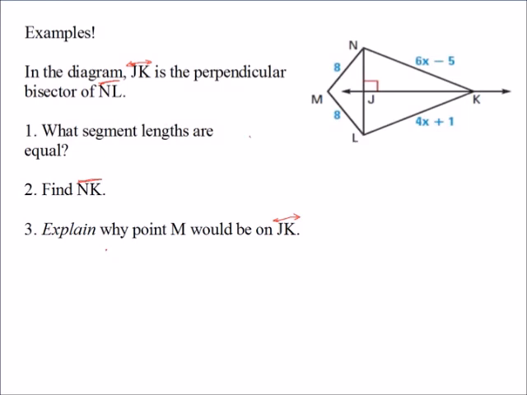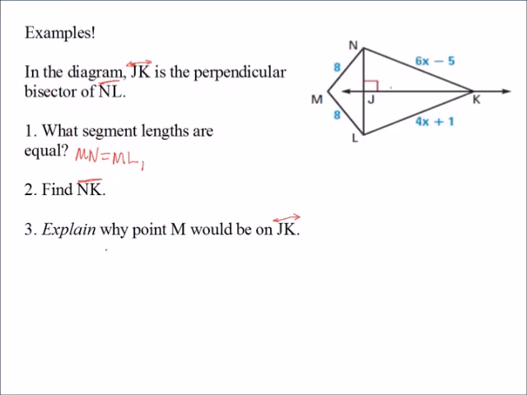What segment lengths are equal in this diagram? Well, first and foremost, you know that MN and ML are the same because they're both 8. So we're going to say segment MN is congruent to ML.